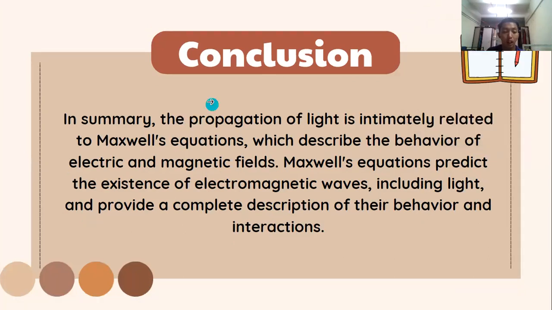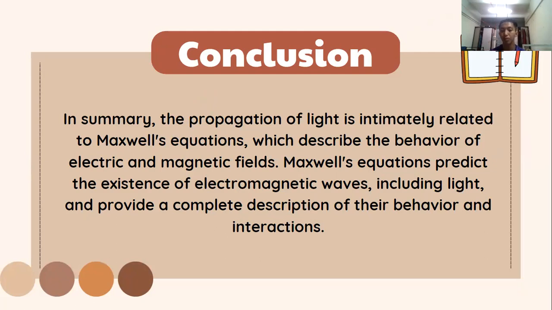In summary, the propagation of light is intimately related to Maxwell's equation. As we can understand from the presentation by the members of the group, including myself, there is a connection between the propagation of light and Maxwell's equation.